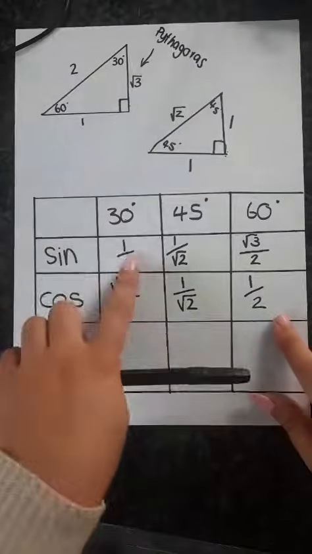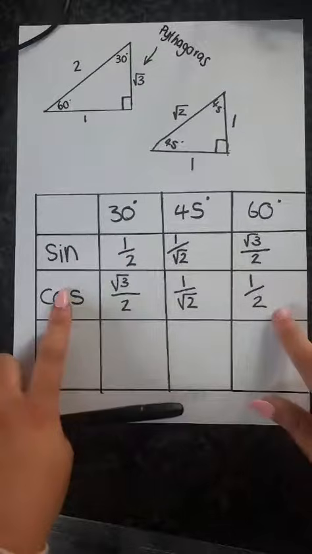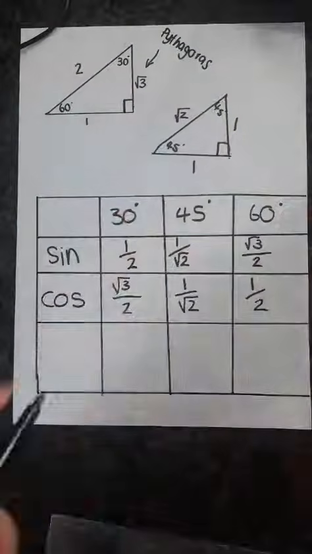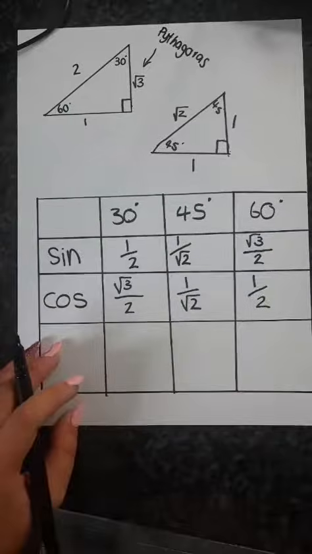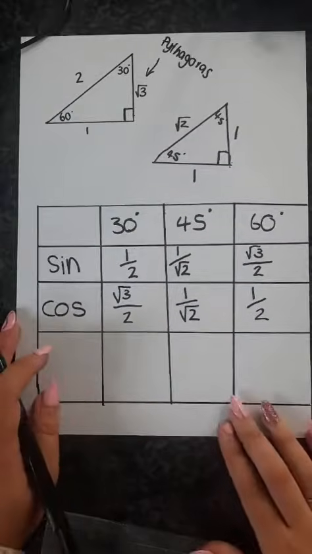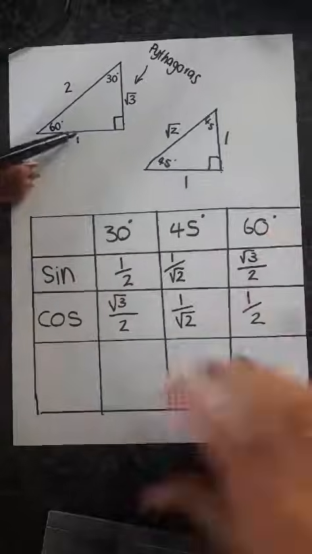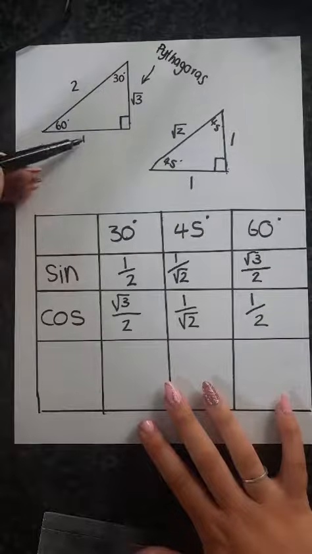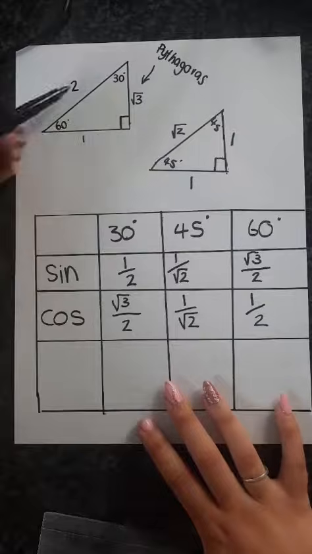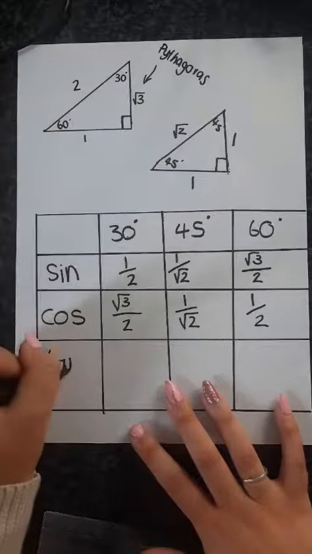Sine 30 is a half. Cos 60 is a half. 30 plus 60 gives you 90. It makes sense. Adjacent is the line next to the angle. So for cos 60, adjacent is 1. Hypotenuse is opposite the 90. It's 2.